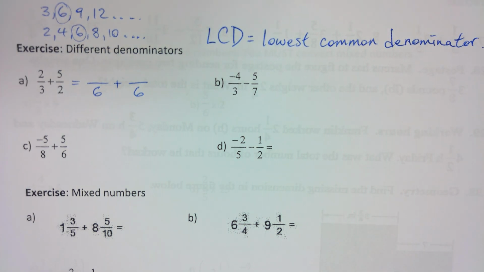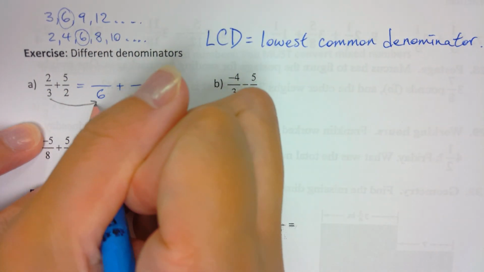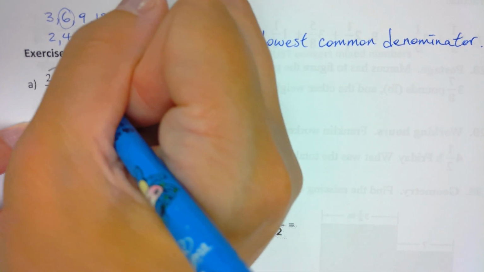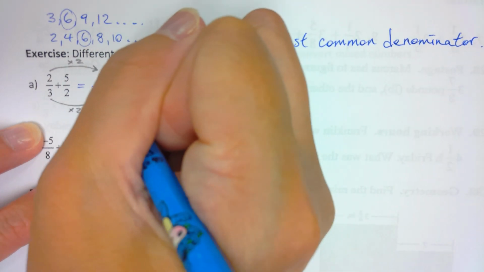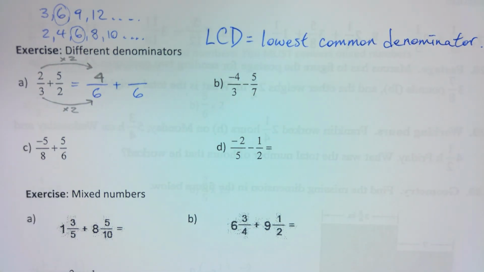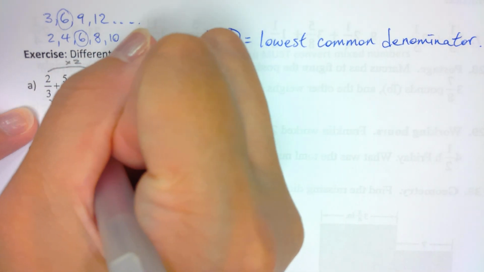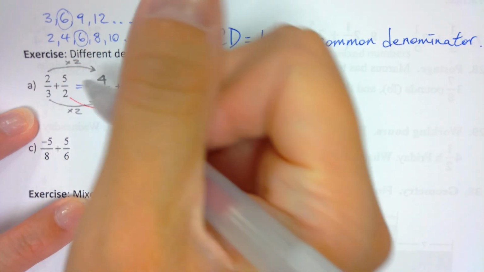Yep, go ahead. Since you're multiplying 3 by 2, you also have to multiply 2 by 2. Yep, so 2 by 2 is 4. And then for the next one, since you're multiplying 2 by 3, you have to also multiply 5 by 3. Yeah. Awesome. Okay.